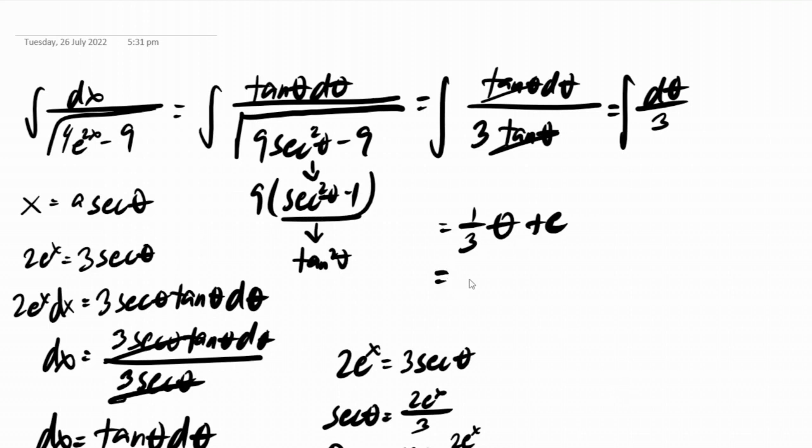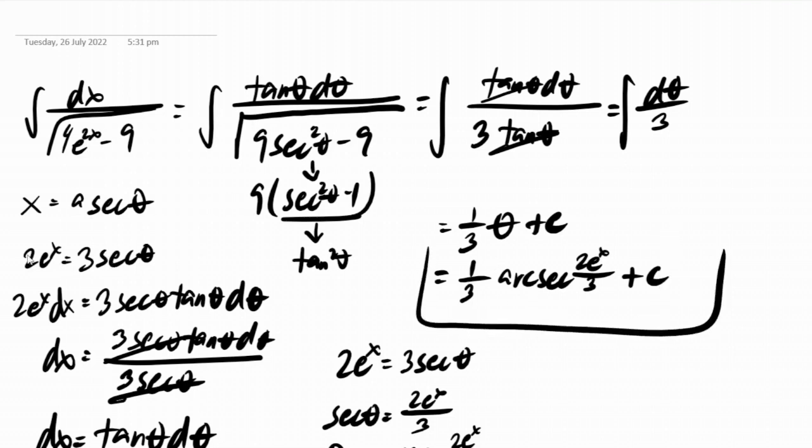So substitute theta, that is 1/3 arc secant of 2e^x over 3 plus c, and that is our final answer.